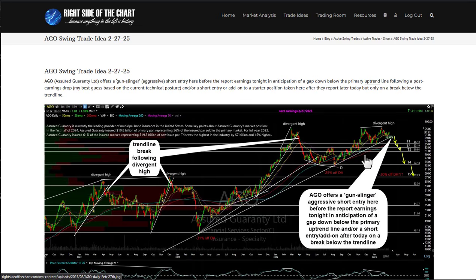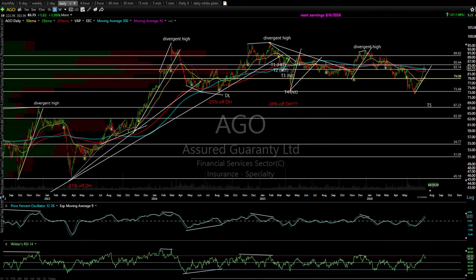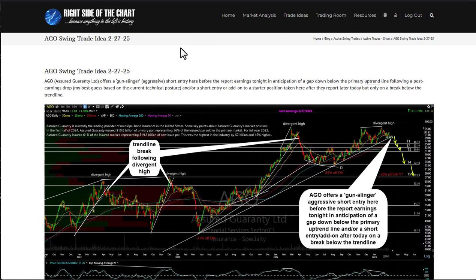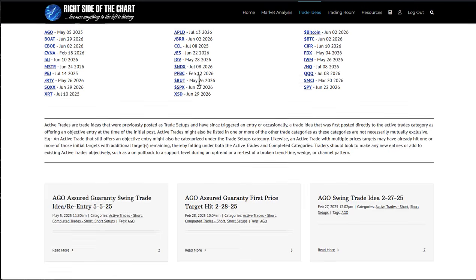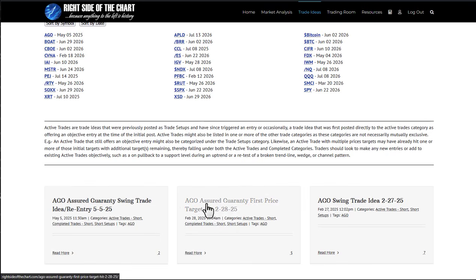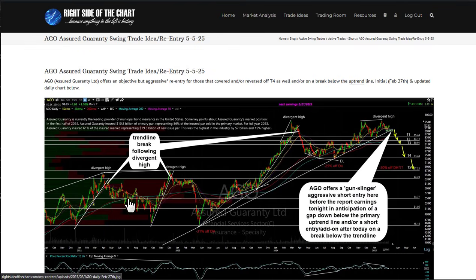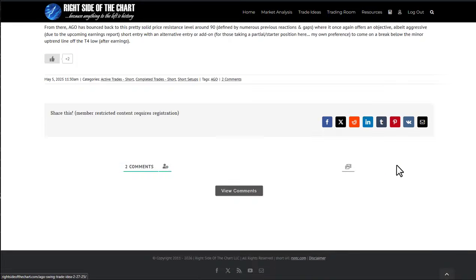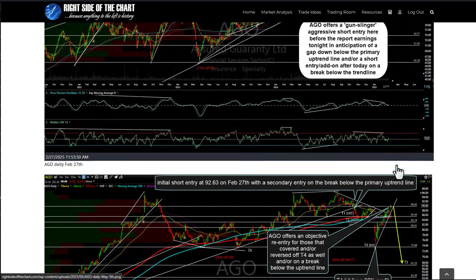February of last year. Yeah, so we shorted on the trend line there. I give you a total of 5 targets. This is where we shorted it right here. We quickly hit all 4 of my targets. Let's go back to that. We hit T4. What's the profit on T4?